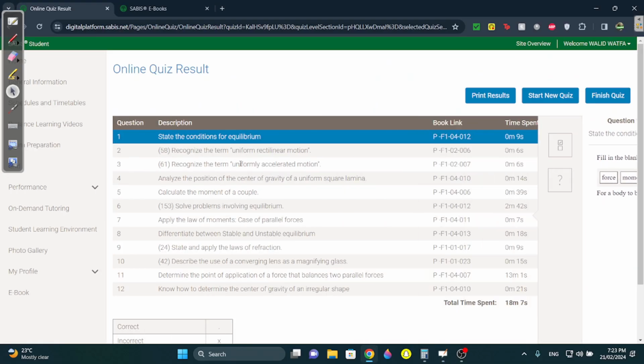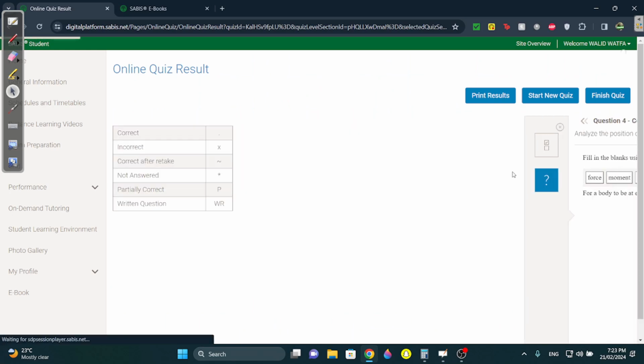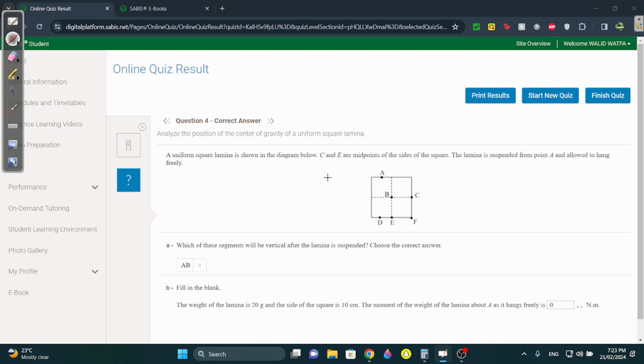So that's why in question 4, when they say that this lamina was suspended from point A, it's hung like this. It started hanging from point A, and point A isn't at the middle. What's going to happen? Obviously, it's going to be tilted towards the left, right? So instead of like this, it's going to be tilted with the left side hanging up, like this.